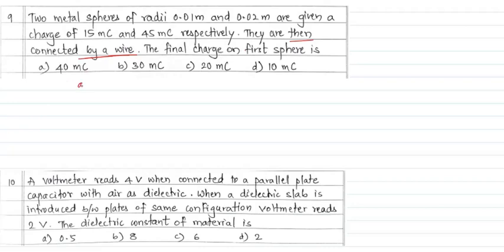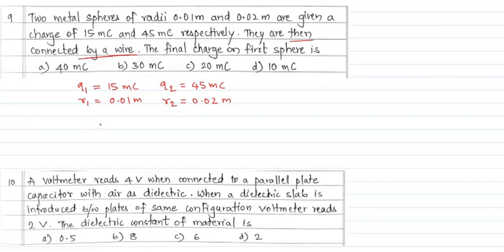Initially charge on the first sphere is 15 millicoulomb. That on the second sphere is 45 millicoulomb. Radius of the first sphere is 0.01 meter. Radius of the second sphere is 0.02 meter. We are asked the final charge on the first sphere.